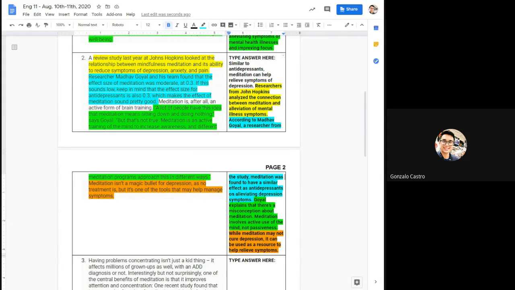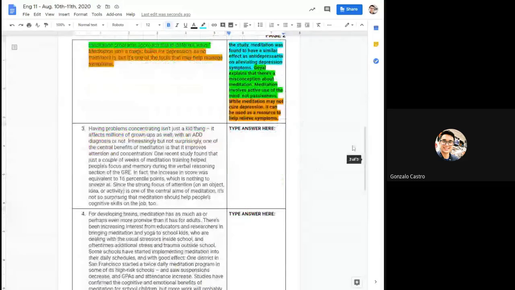Now, if you compare the two paragraphs side by side, you'll notice that it's primarily in your own words. There are some words that you can't really change, like Johns Hopkins. I wouldn't change the word meditation, because people might get the wrong idea of what you're trying to communicate. So meditation makes it very clear. But otherwise, in most cases, most of these words have been changed.